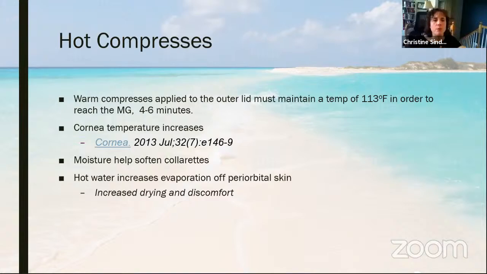If you're not going to use infrared heat, I like to use those little hand warmers, the ones you shake up and put into your mittens so that your fingers don't get cold. Or you can use the microwave things, just make sure they're not heavy on the eye. There's also gel ones that you can put in a cup of hot water that you can put onto your eyes.